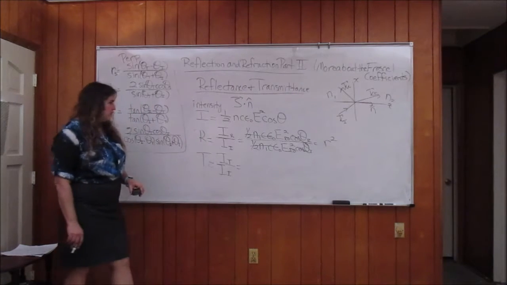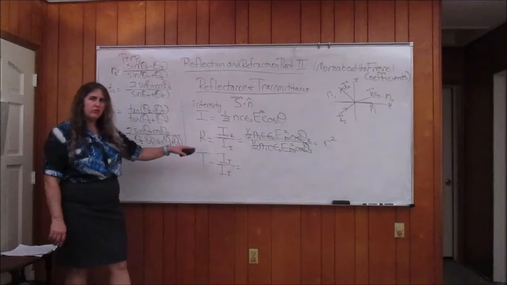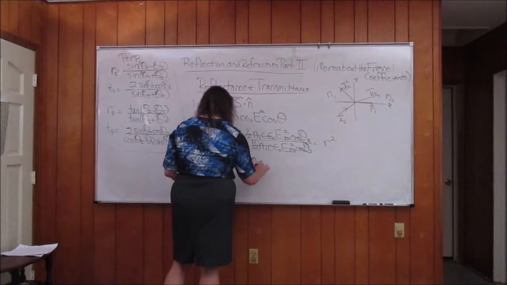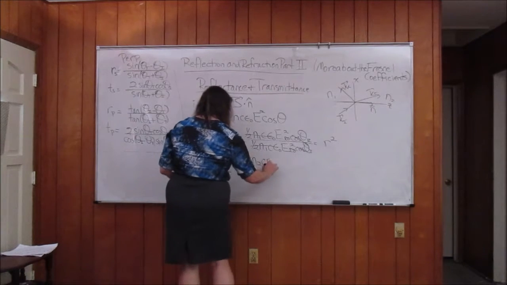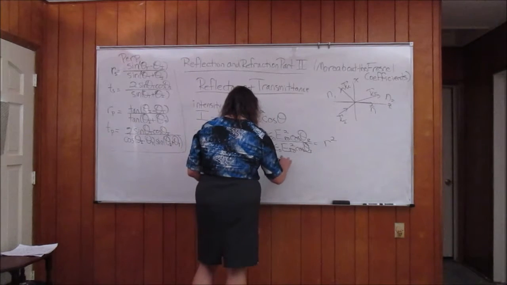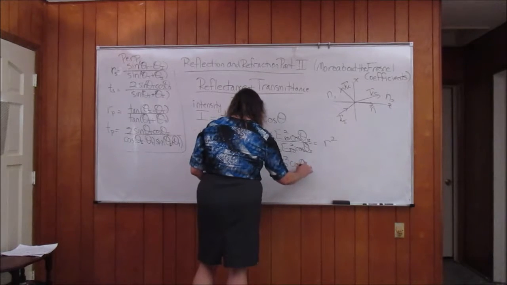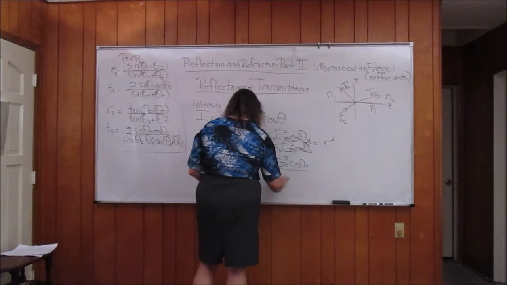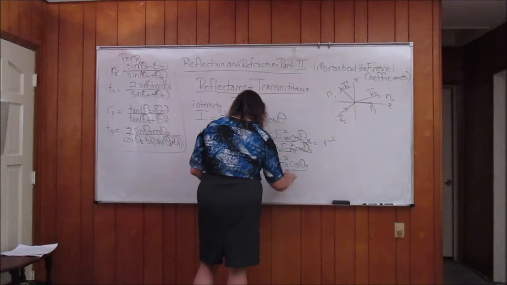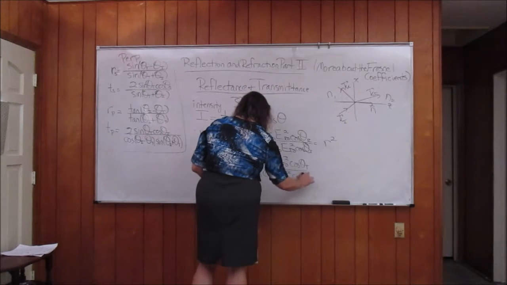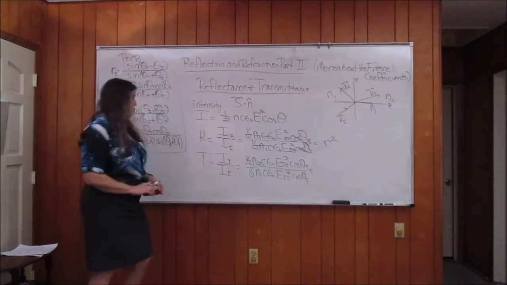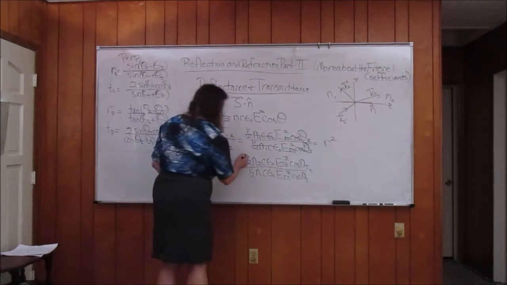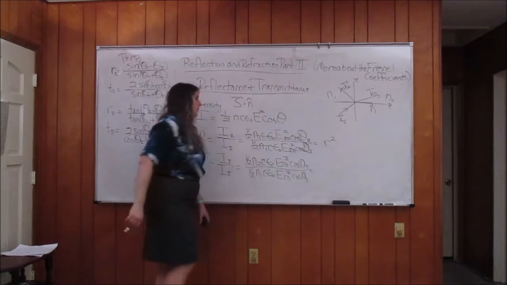Now, looking at the transmittance, again, the ratio of the intensity of the transmitted wave to the intensity of the incident wave. The transmitted wave propagates through medium 2, so it has an index of refraction n2. So those don't cancel out. The halves cancel, the c and the epsilon cancel out.